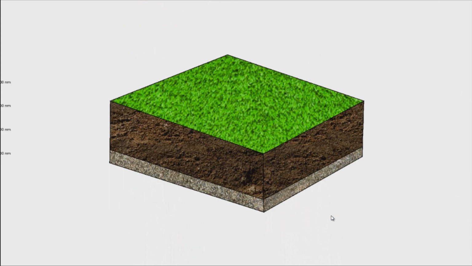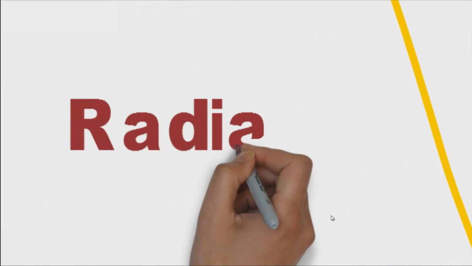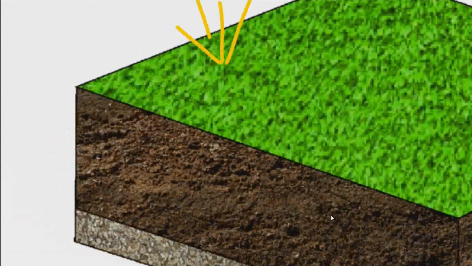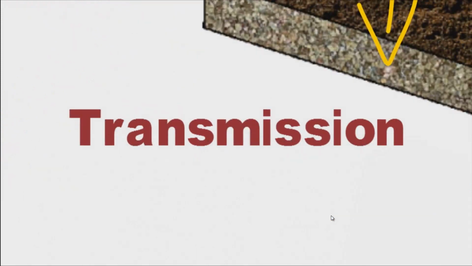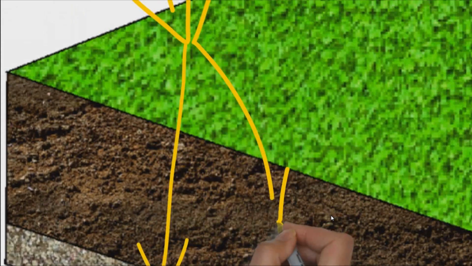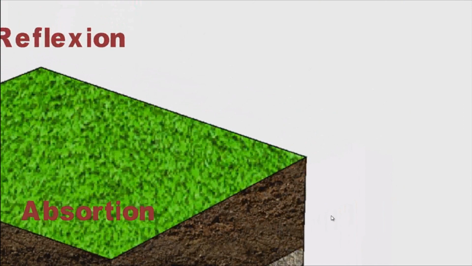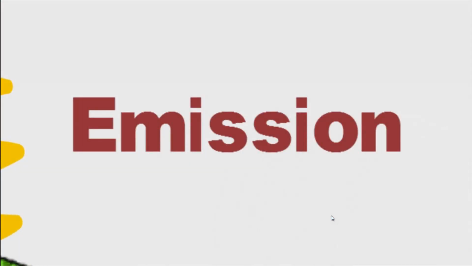Let's see how the radiation acts when it hits the surface. Part of the radiation is absorbed by the atmosphere, but another part gets to the surface of the Earth and then could be reflected, could be transmitted, and also could be absorbed. Also, the surface and the objects on the surface can emit energy.